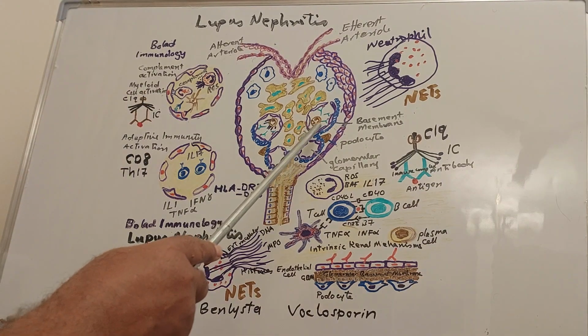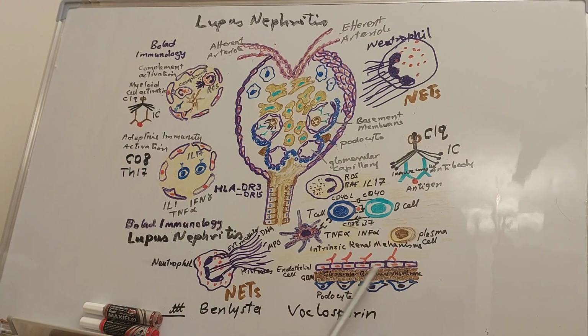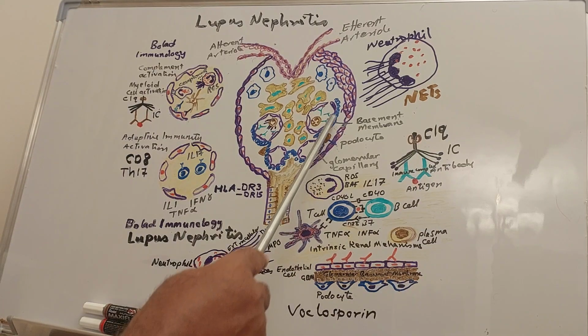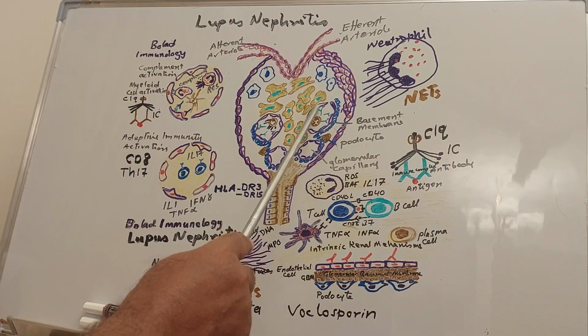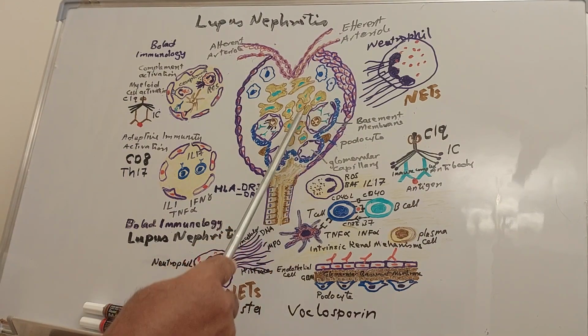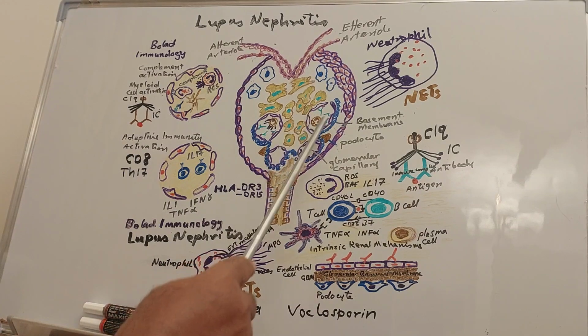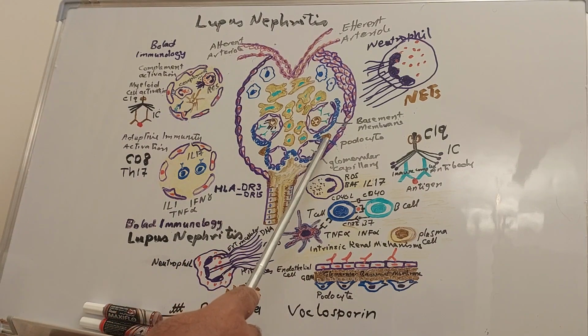But as can be seen here, these are the podocytes. Here they appear. This is the basement membrane. These are the endothelial cells of the glomerular capillary, and these are the podocytes.